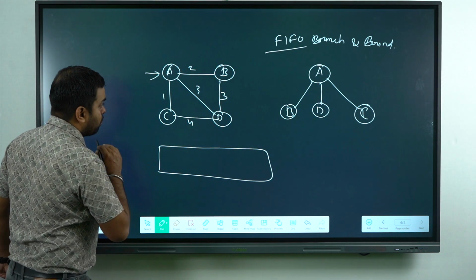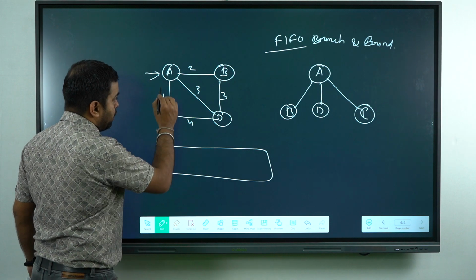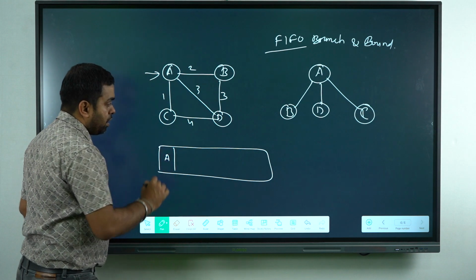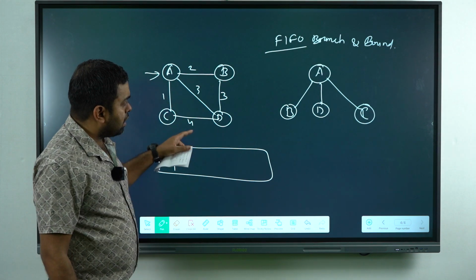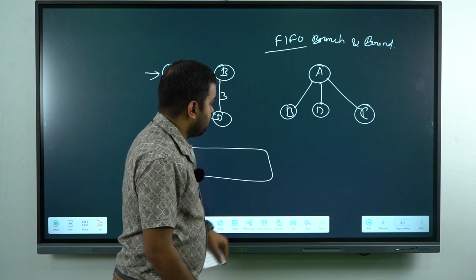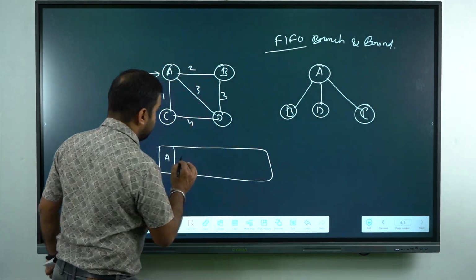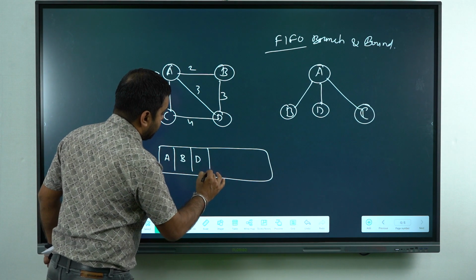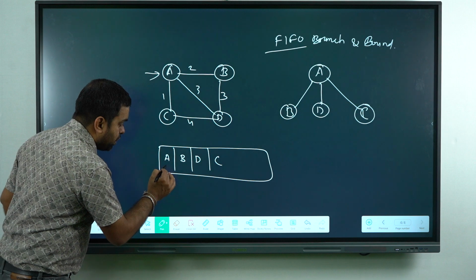In that, first the node we select is A. Then the next nodes are B, D and C. So this is first in.